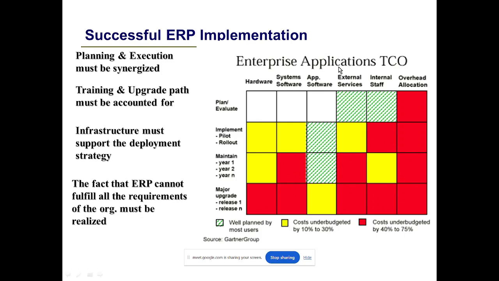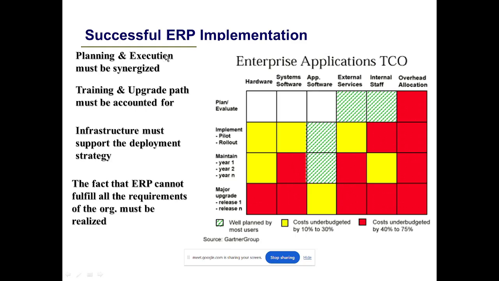If you go to total cost optimization: hardware, software, application, and external staff. So it's overhead costing, meaning additional costings. It comes under indirect cost also, we can say. Next, planning and execution.